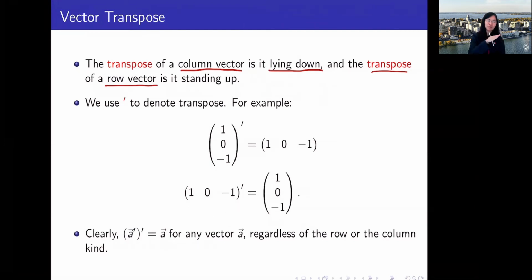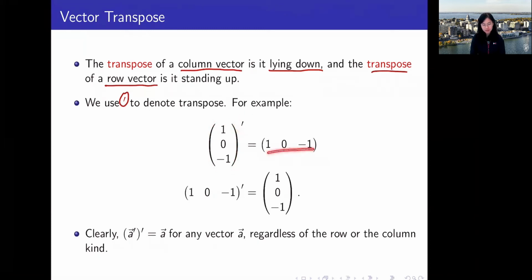And if you start with a row vector, a bunch of numbers arranged in a row, you stand it up, then that becomes a column vector. And that column vector is the transpose of the row vector. We use the prime on top of the vector to denote the transpose. So for example, this column vector transposed becomes this row vector.